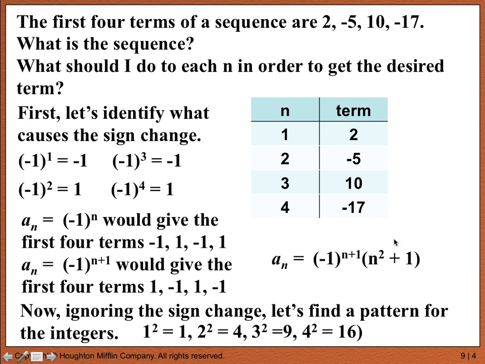So this n squared plus 1 quantity would account for the pattern of the values 2, 5, 10, 17. This quantity of negative 1 to the n plus 1 accounts for the alternating sign: positive, negative, positive, negative. And when I put both of these together, I get these first four terms: 2, negative 5, 10, negative 17.